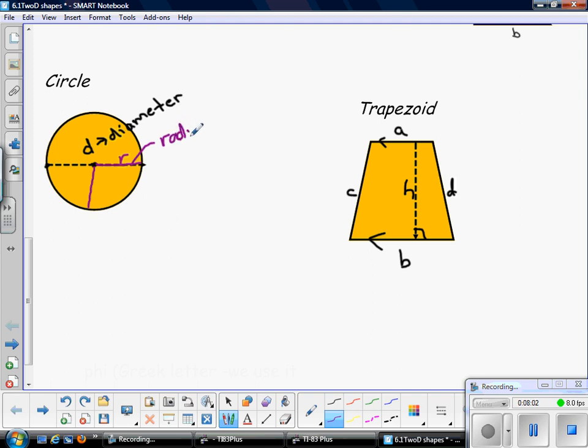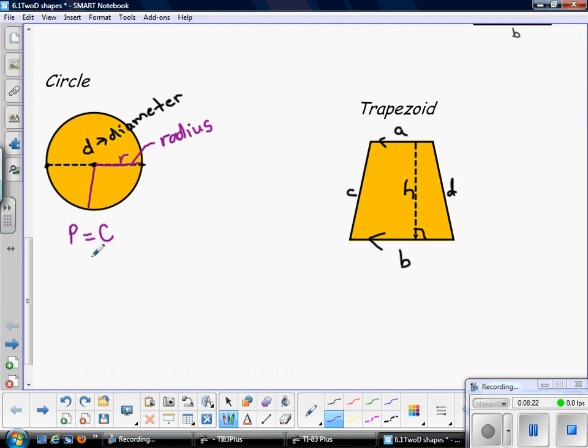Now, the reason that's important is because I have two different formulas for the perimeter of the circle. The perimeter of the circle is also what we call the C of the circle, which is the circumference. So the circle gets some special treatment in a sense.